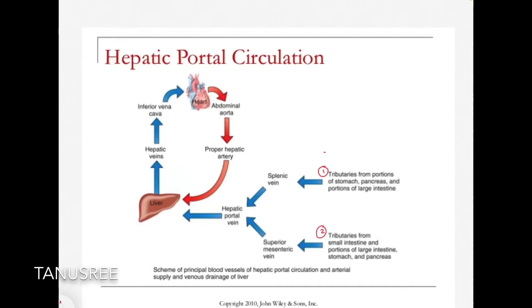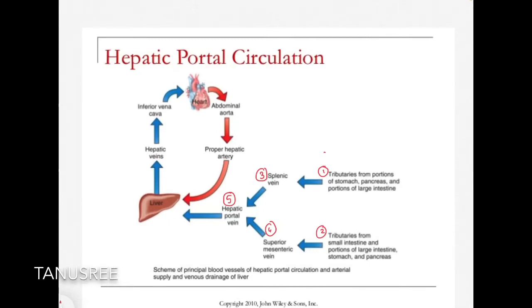Tributaries meaning the capillaries. They are coming out through the veins and then they are meeting here as the hepatic portal vein. And then they are entering into the liver, where they are branching into the capillaries.